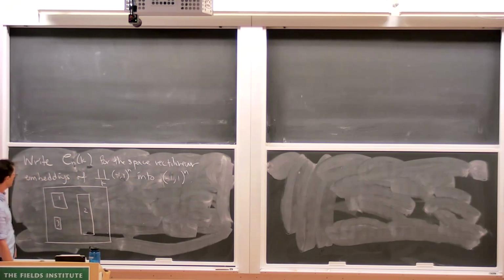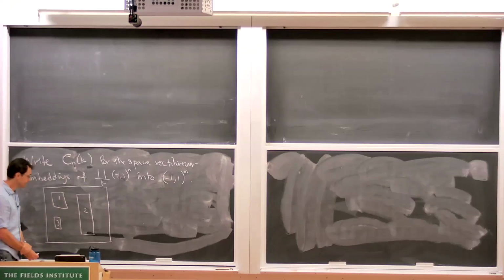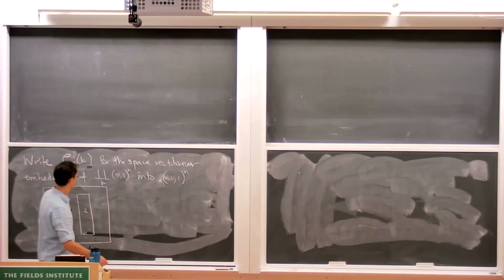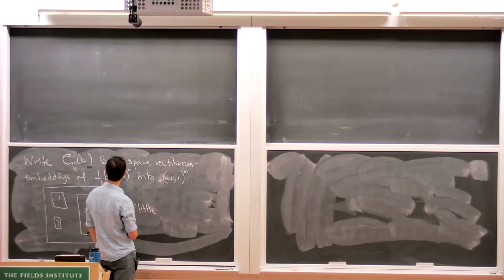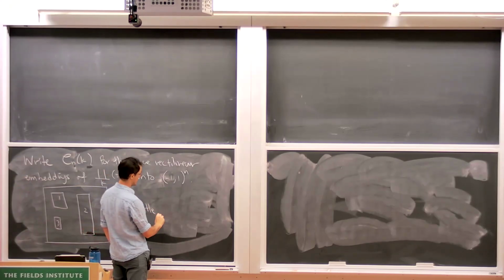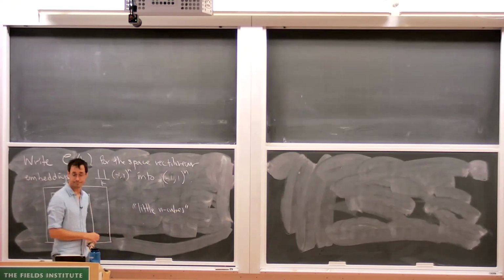And drawing this picture, because I've declared that only translation and scaling of the sides is allowed, this picture completely specifies the embedding. These sorts of pictures, and the points in these spaces, are typically called little n-cubes.